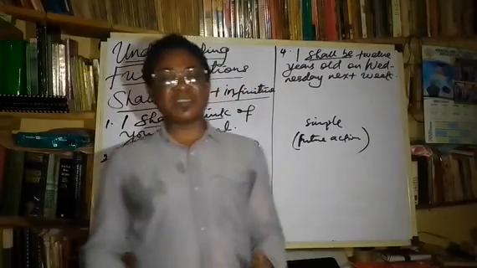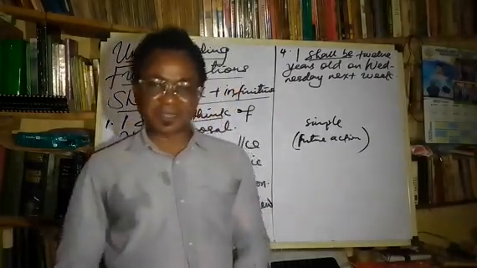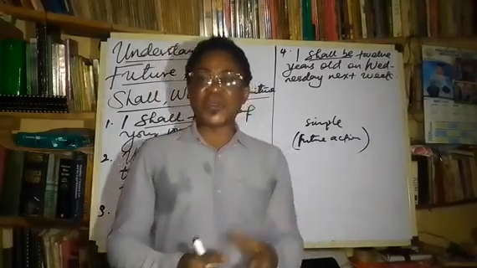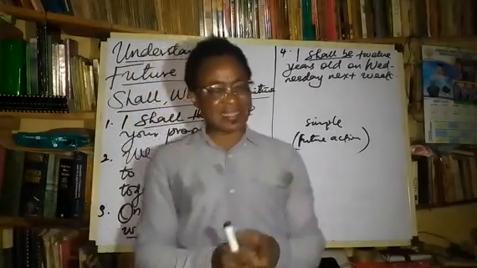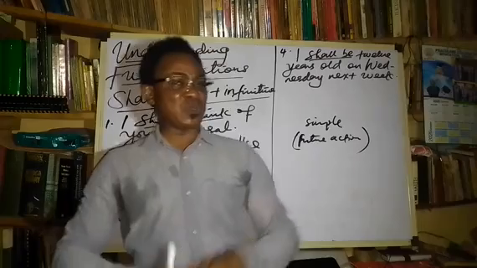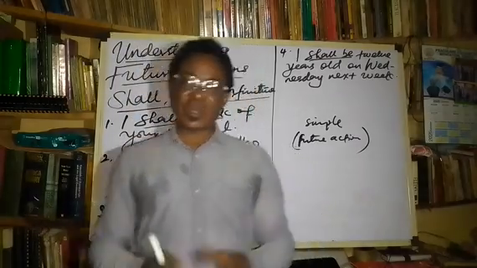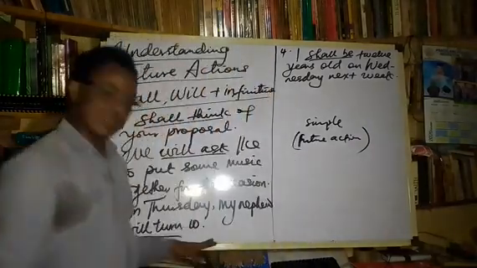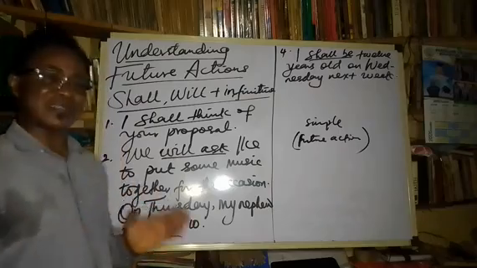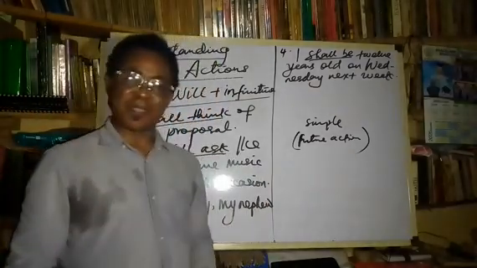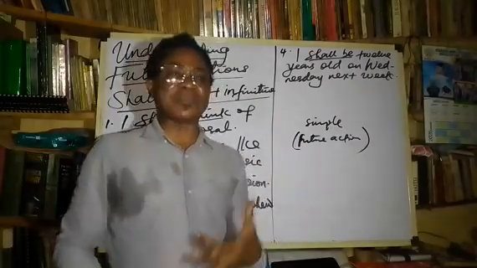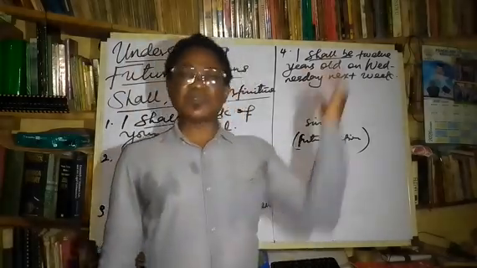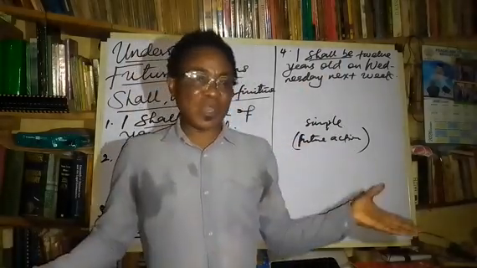So you can see from what we said ab initio that the simple future tense has no undertone of willingness, has no undertone of promise, has no undertone of intention, like the first 2 sentences that we analyzed. So the simple future tense simply talks about an event over which we have no control. It will come to pass at this time in the future, whether we like it or not.